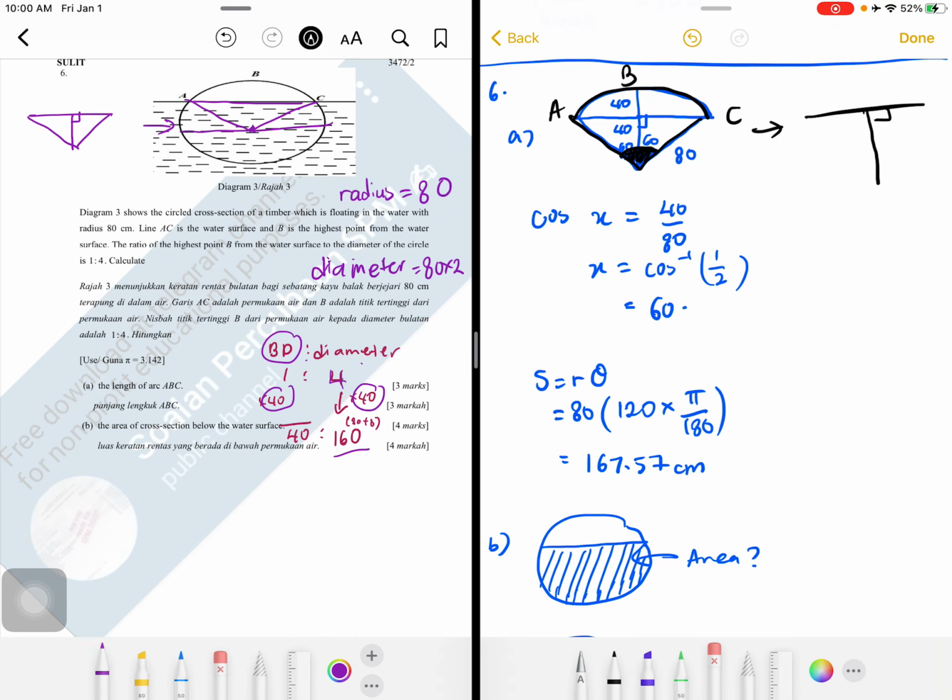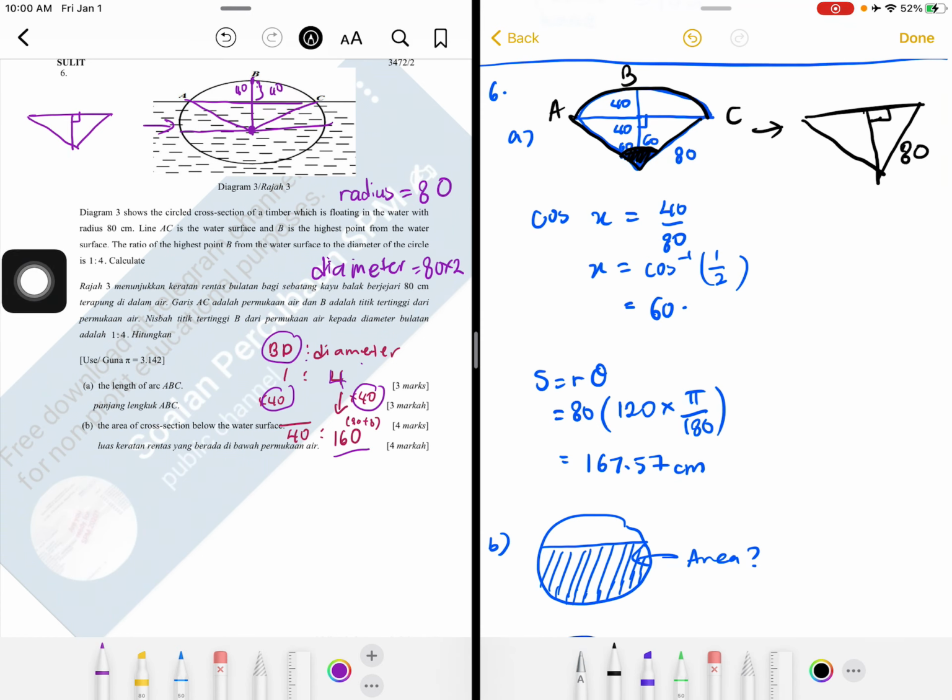Bila dia dapat right angle triangle, mudahlah kerja kita. Why? Because we can use the SOH CAH TOA. Okay, this is radius. Kat kawasan ni adalah radius yang tepi ni. So this is 80. So tadi yang bahagian atas ni adalah 40.